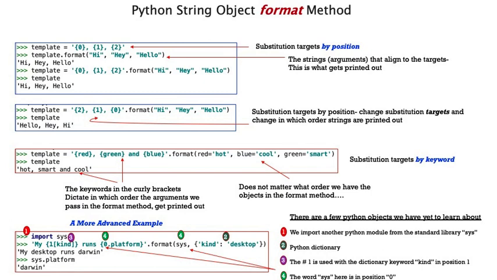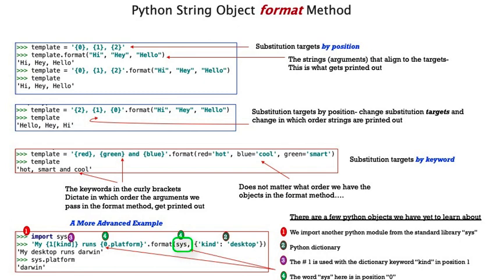So we have my {1}, and the number one is used with the dictionary keyword kind in position 1. Then we have the literal runs, and then we have {0.platform}. So the word sys here is in position 0.